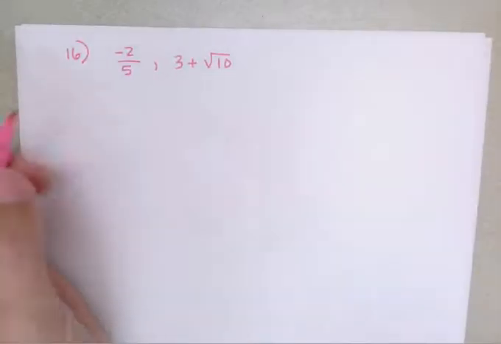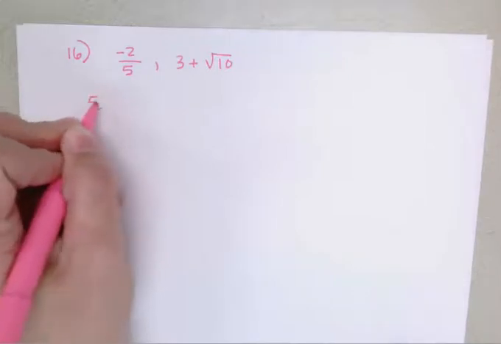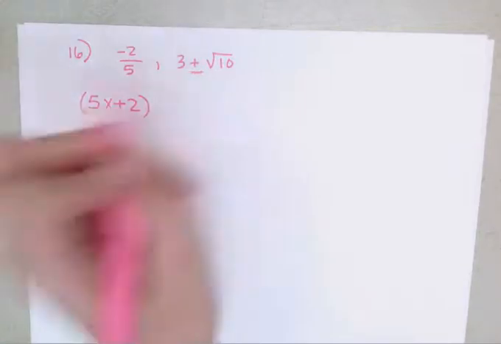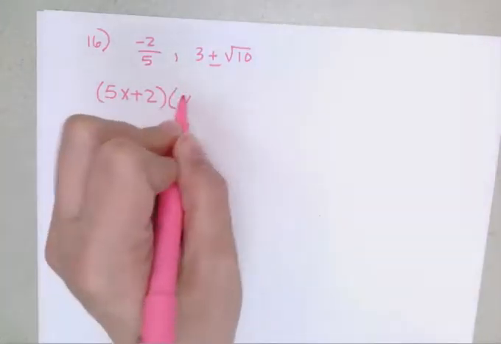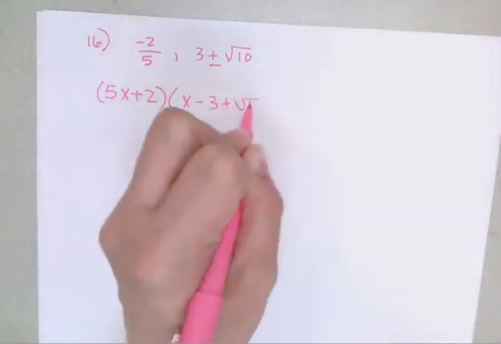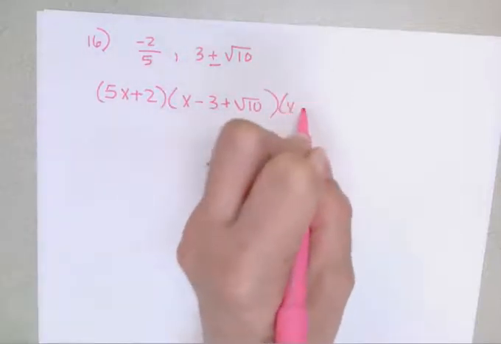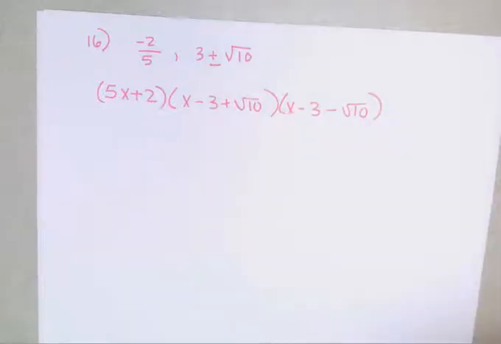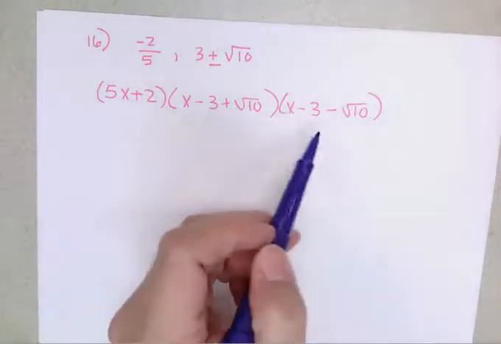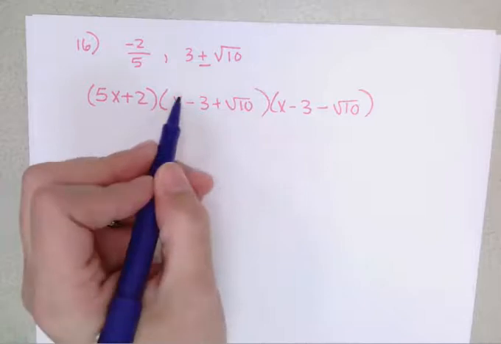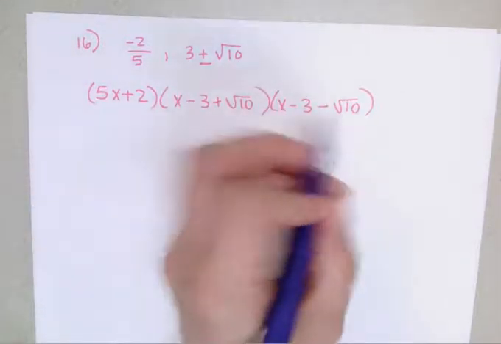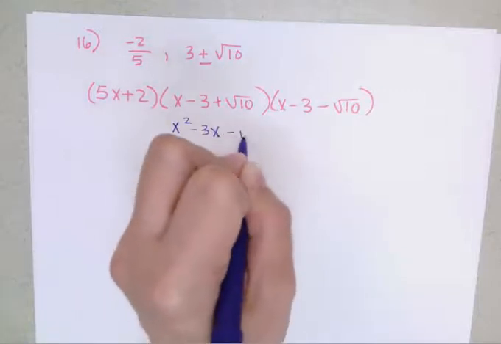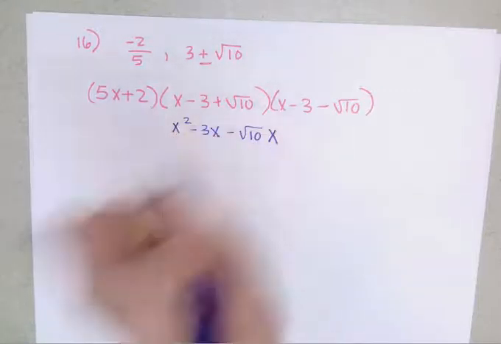Alright, number 16. So on 16, bottoms up, you're going to have 5x plus 2. Roots come in pairs. So there's going to be an x minus 3 plus root 10 and an x minus 3 minus root 10. This one's going to be a little messy. I'm going to multiply it out first. So I have x multiplied by all three pieces would give me x squared minus 3x minus root 10x.